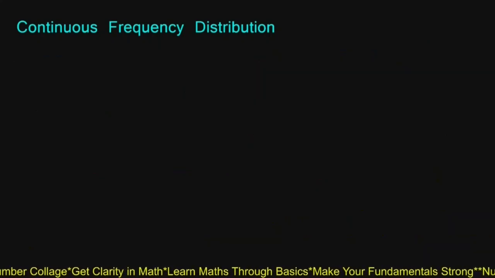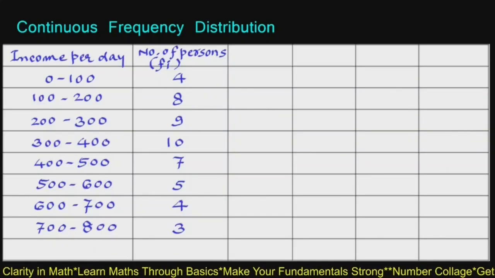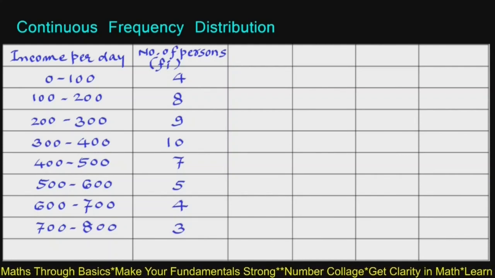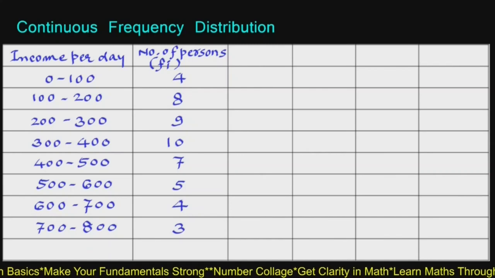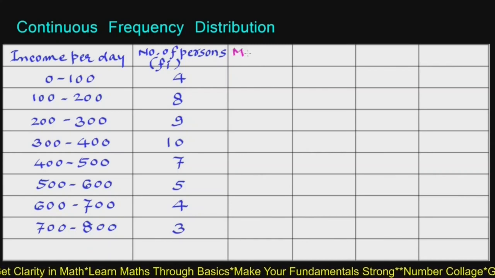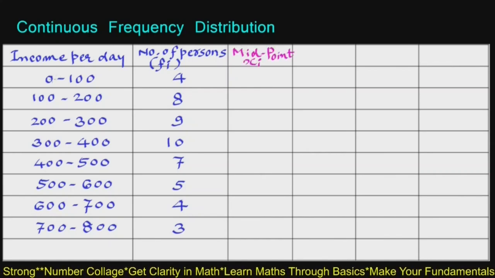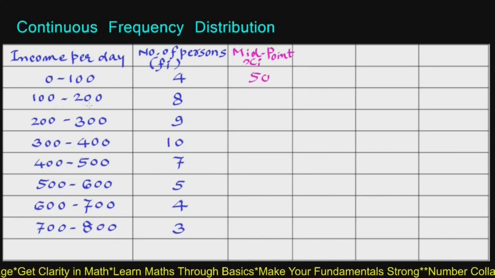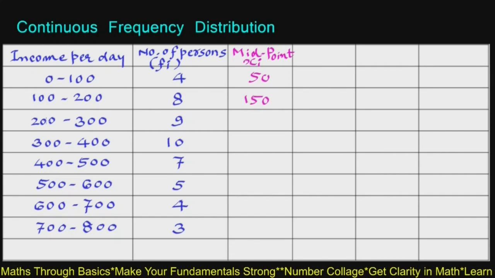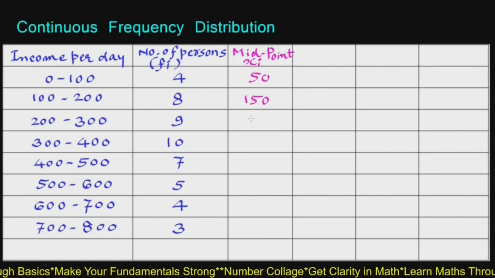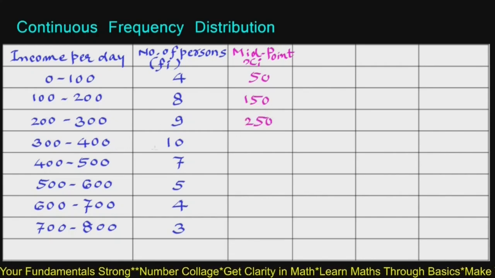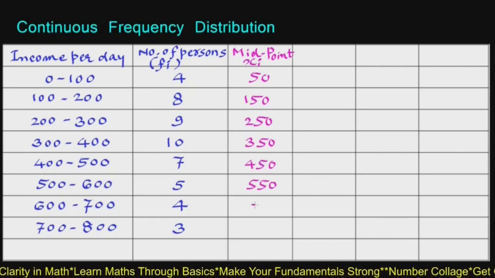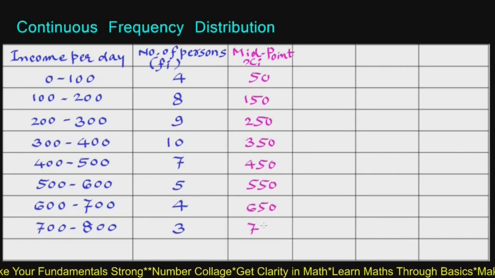Let us tabulate the given data to find the various other quantities which are required to find mean deviation about mean. Next we have to find midpoint xi, which is 0 plus 100 upon 2, 50; 100 to 200 upon 2, 150; 200 plus 300 upon 2, 250; so on and so forth, 350, 450, 550, 650, and 750.